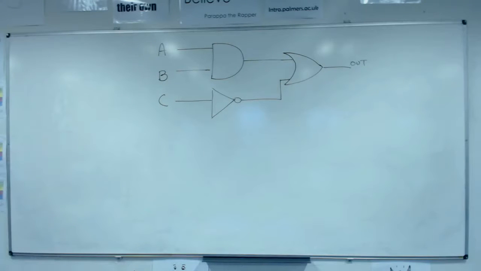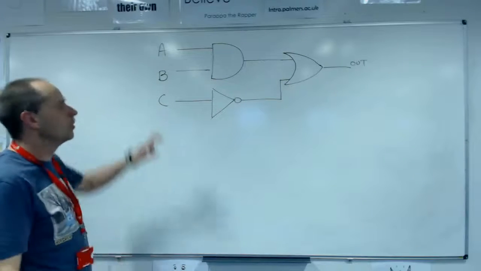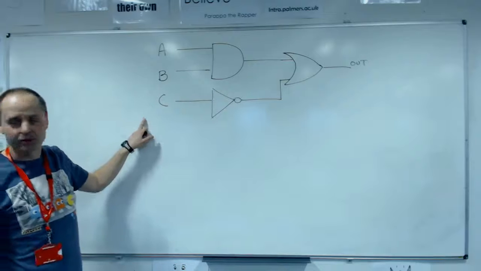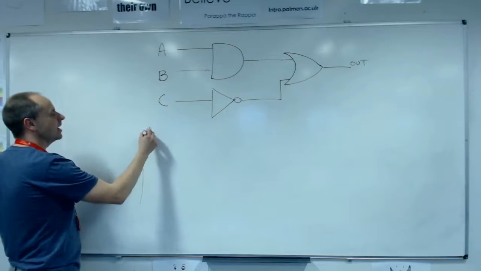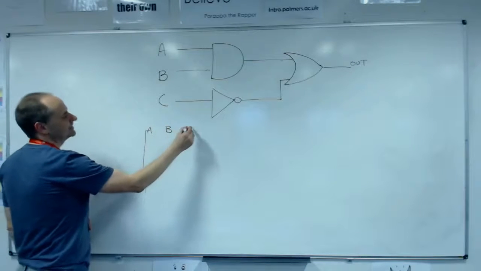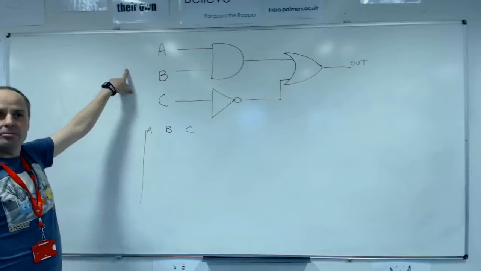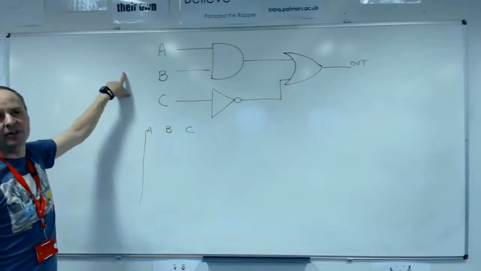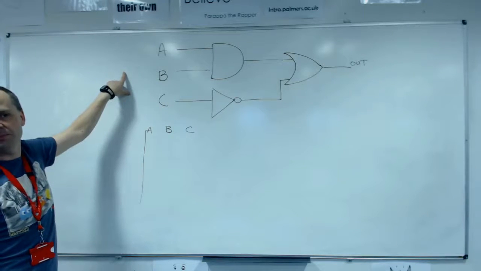Right. What I want to do is try and draw a truth table to represent that circuit. So the first thing we always start with, how many inputs have we got? We've got 3 inputs. So when I draw this table, I need to say A, B, C. Now, when we're talking about binary, if we use 3 bits, how many different combinations of noughts and ones are we going to get with 3 bits?